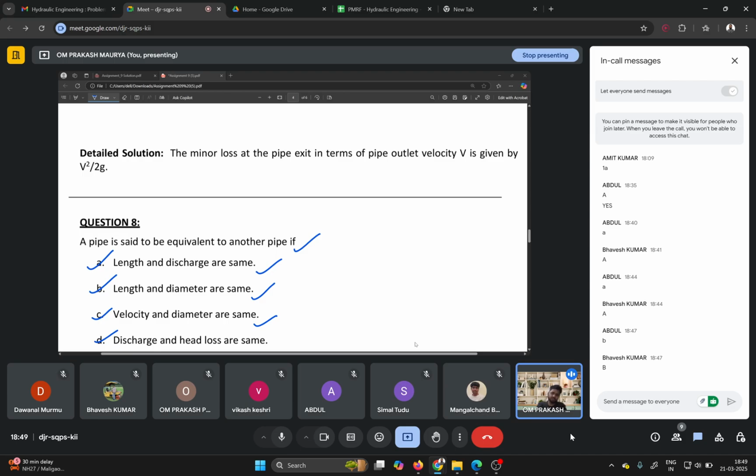The pipe is said to be equivalent. Here the question is asking about the equivalent pipe concept, whether the length and discharge should be same, length and diameter same, velocity and diameter same, or discharge and head loss same.